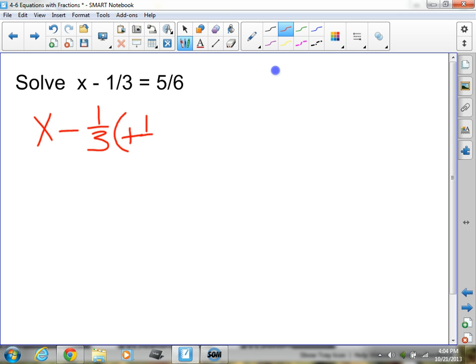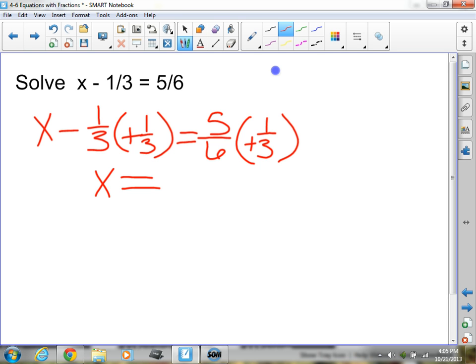So plus 1/3 equals 5/6 plus 1/3. Now I know that minus 1/3 plus 1/3 is nothing, so that gives me the x by itself. Now, 5/6 plus 1/3.